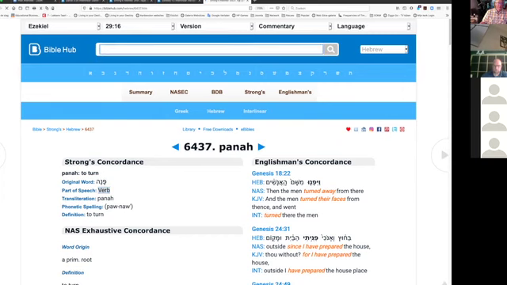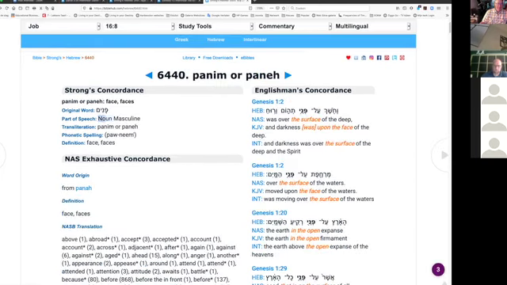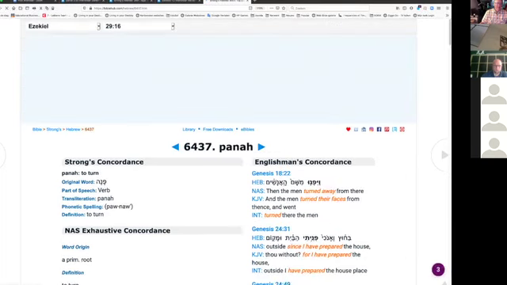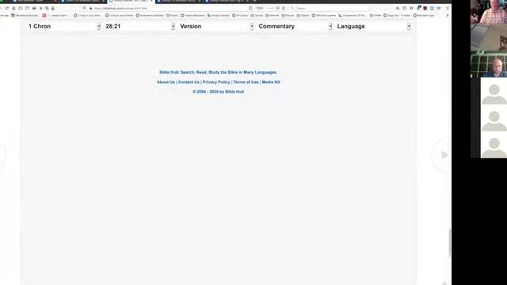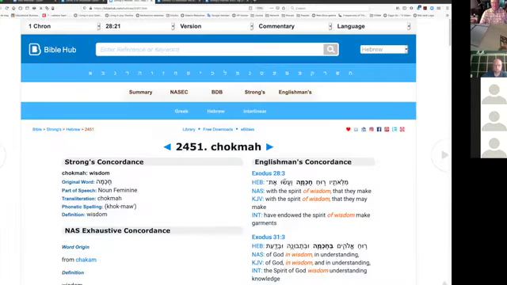So panim, noun, masculine, comes from pana, which is a verb. And it means to turn. So this is how Hebrew works. Most of the nouns have a basis in a verb. That's just to wisdom.